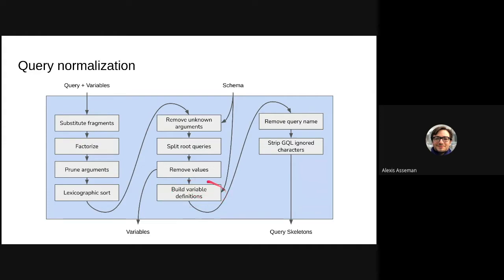Build the variable definitions. That's also somehow not mandatory on the graph node, but per the GraphQL spec, it is. So we're building those. We're removing the query name, and then we strip the whole GraphQL string of all extra spaces and new lines. And that's our query skeleton.